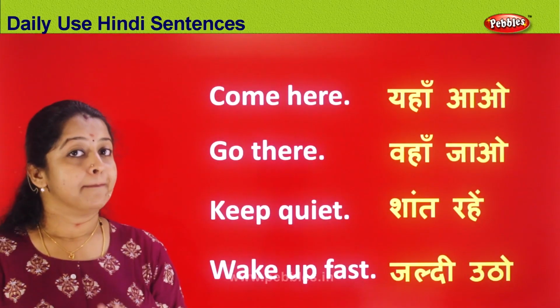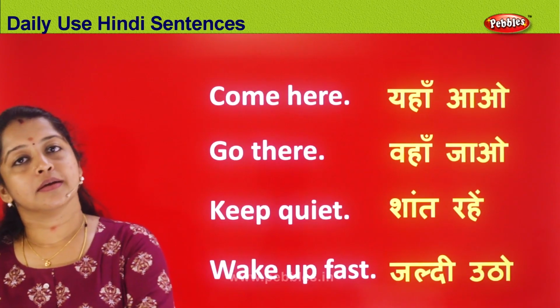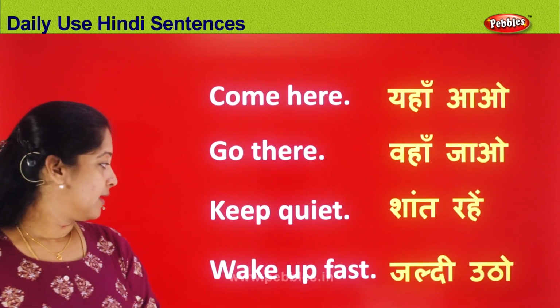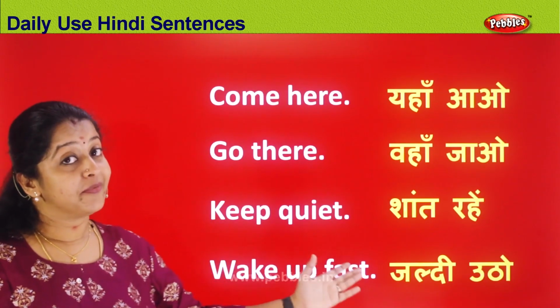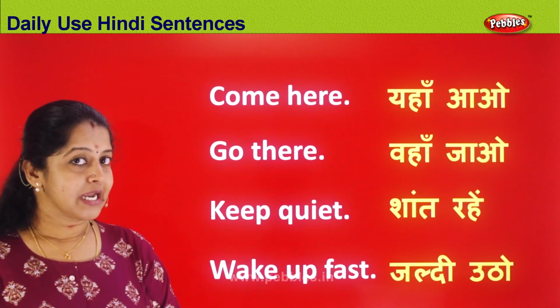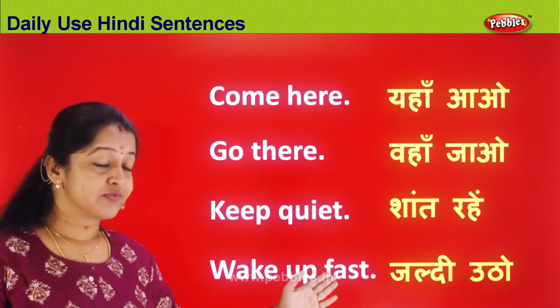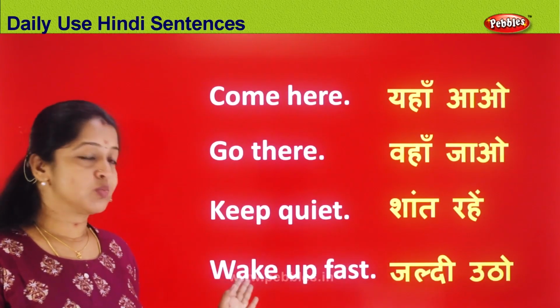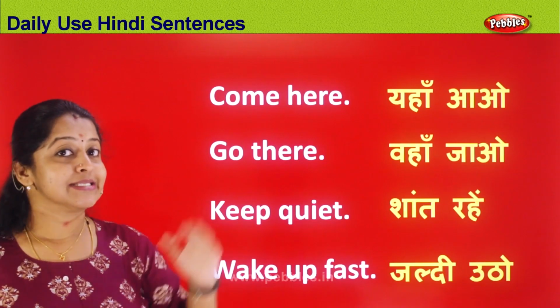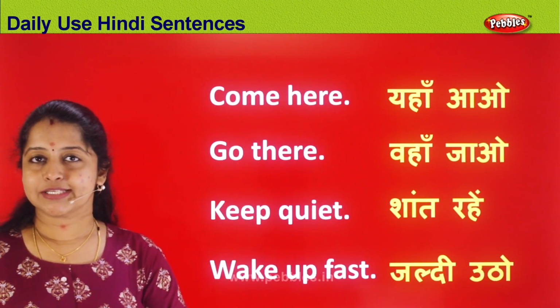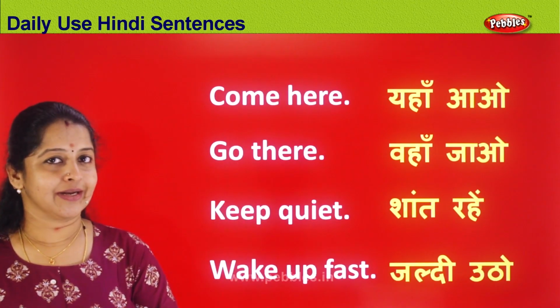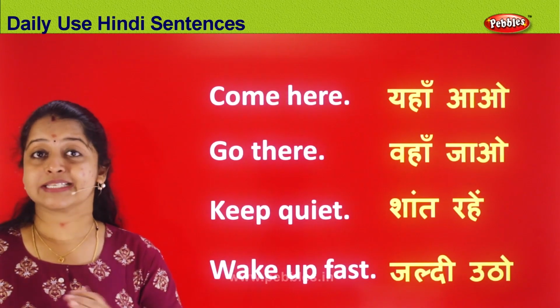Alright, and the last one, wake up fast. So wake up fast can be said as Jaldi utho. Jaldi stands for fast and utho stands for wake up. So I guess these instructions were quite easy to learn and understand, right? So shall we see the next set of words?